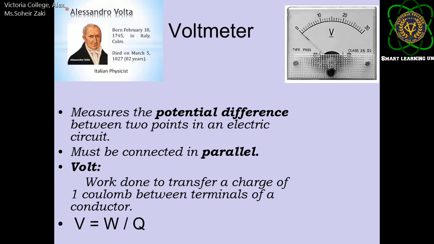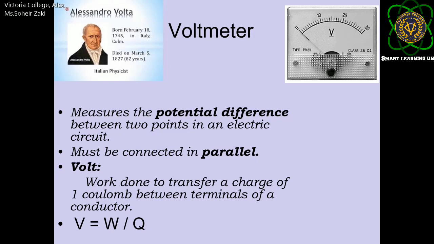What is meant by volt? Volt is the work done to transfer a charge of one coulomb between the terminals of a conductor. When we need to move an electric charge from one terminal to the other, we must have a potential difference between these two terminals.